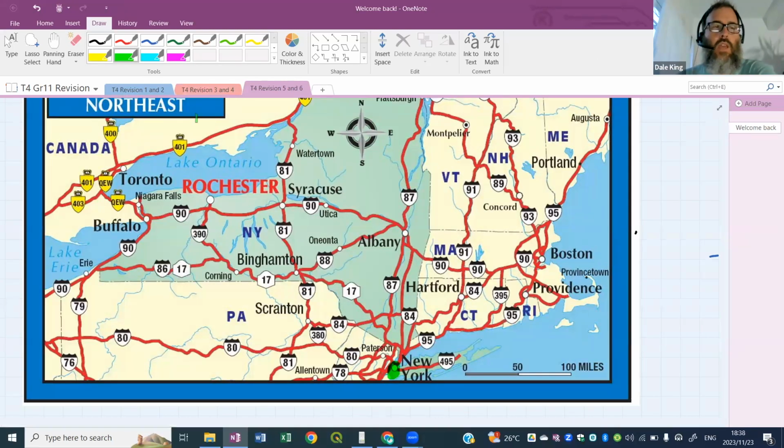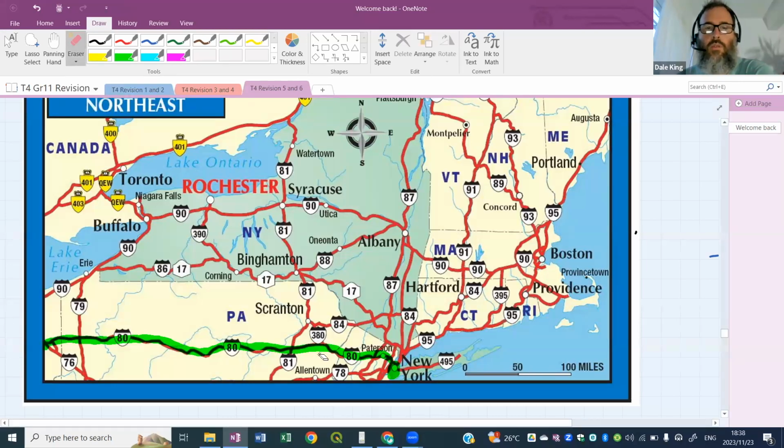Which road will take you to the far west of the map? Yes, Tato, on the money. The 80. So this long road here goes all the way to the far west. Absolutely, Tato. Well done. Yep, the 80. Very good.